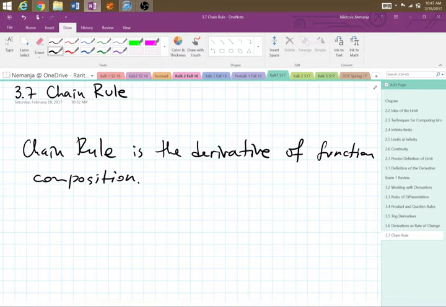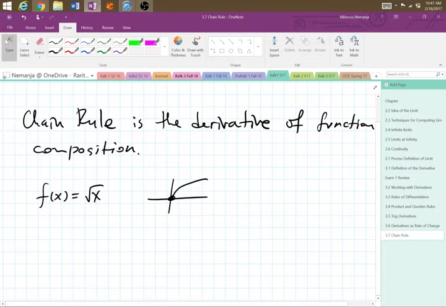If you have a function f of x as just the square root of x, we can think of that as a vanilla function. You know how to graph that, we're good to go. Nothing special going on. But then you can have f of x equals the square root of sine of x. So now you have the function sine x plugged into the function square root of x.